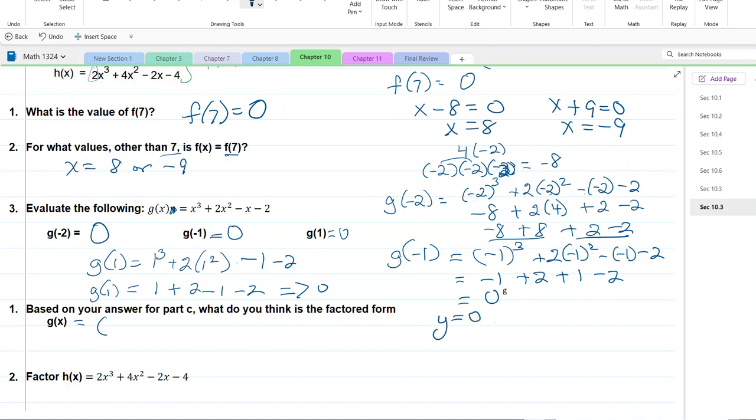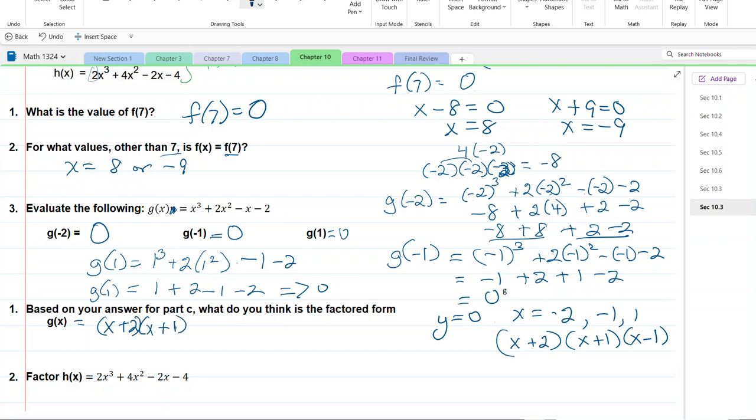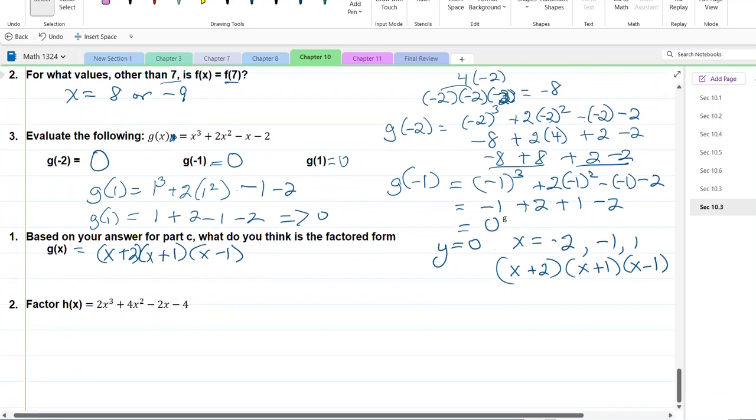So we're going to use our y value, our x value. Y equals 0, x equals, and in this case, a negative 2, or a negative 1, or a 1. So if we add them back, x plus 2, x plus 1 and x minus 1 are the factors. They create what we had up here with our f of x, the factored form.